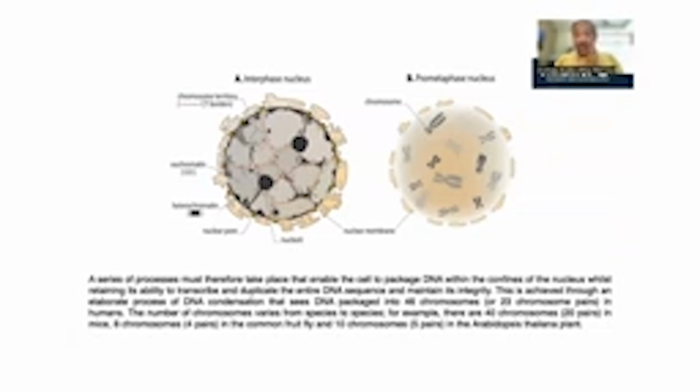There is obviously division of the DNA that has taken place in the S phase. And when it reaches the prometaphase nucleus, the DNA is now packed into two sister chromatids, as they are called, which are now ready for separation as well. So the packing of the DNA is one of the first steps that happens, right?